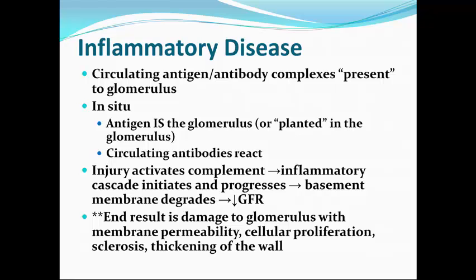As that basement membrane continues to break down, you will decrease the glomerular filtration rate. The end result of this inflammatory process is that the glomerulus is damaged and that damage leads to an increase in the membrane permeability, cellular proliferation, which then leads to a sclerotic process and thickening of the wall itself. Once you thicken those walls, you will decrease glomerular filtration.